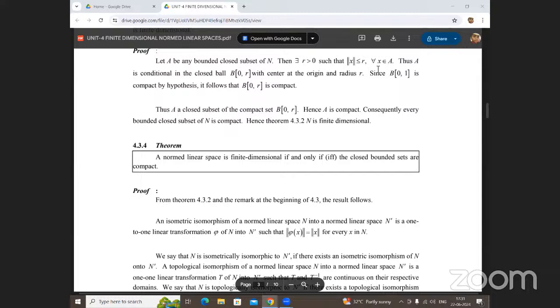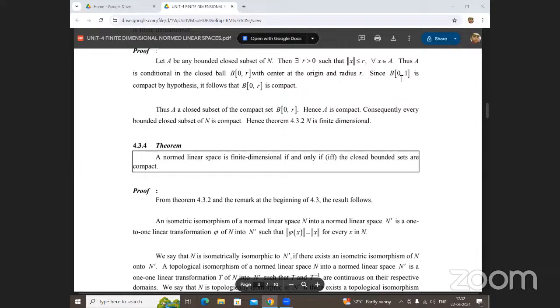Okay. So here x is any element of the closed bounded subset of N. When it satisfies this condition, it is in the closed ball, capital B. This is also defined from the center, the origin. We take the origin as the center and the radius is small r. Now this norm condition refers to the closed ball B(0, r), where 0 means center at the origin and the radius is small r.